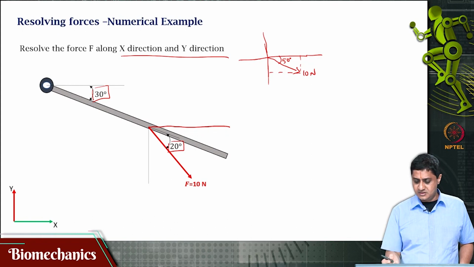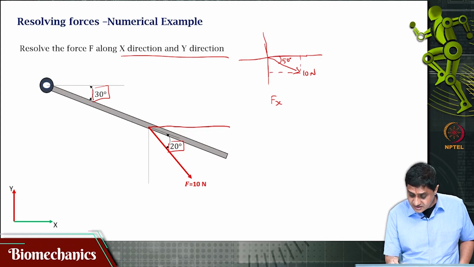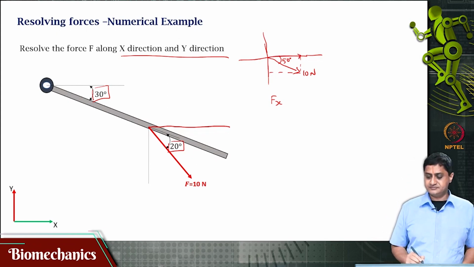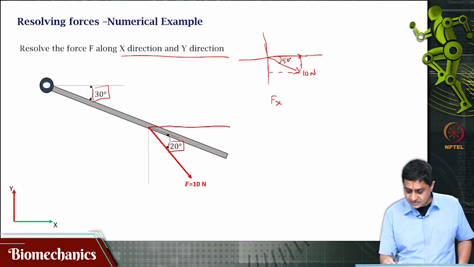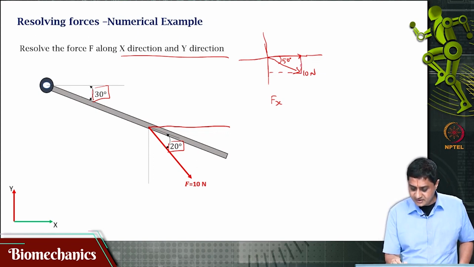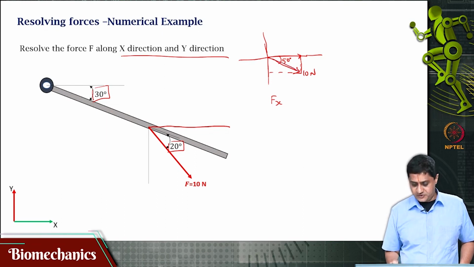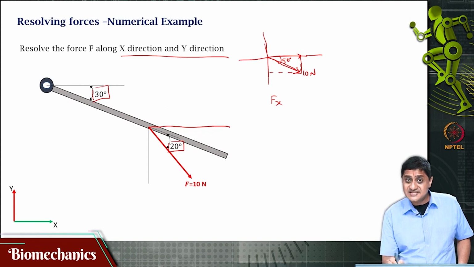Now, what is Fx? Fx is the component of this force along the x direction, is it not? Along this direction. Now, in this right triangle, the force is the hypotenuse, and I am interested in finding the adjacent side.